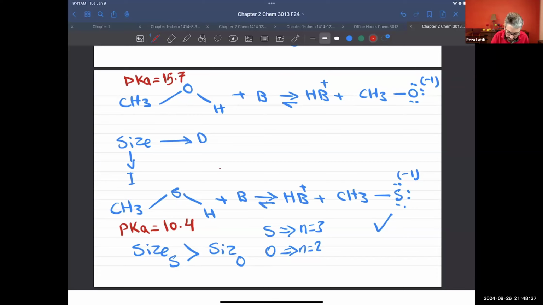So this is a stronger acid than CH3OH, or methanol. Thank you very much. In the next lecture, I'm going to cover other effects like resonance or induction. I will see you very soon.